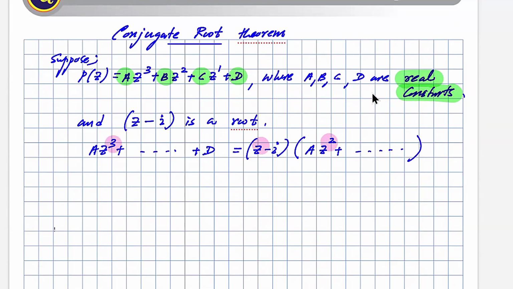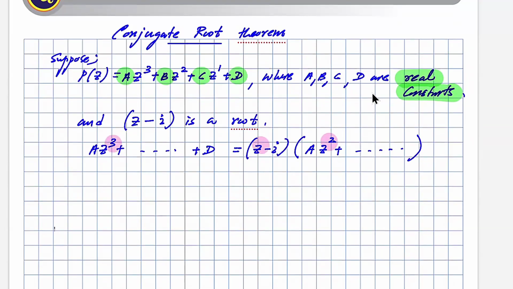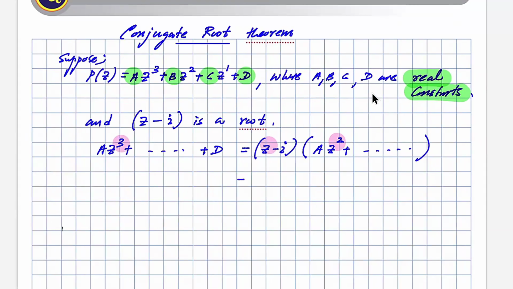This theorem tells you if A, B, C, D are real numbers, the conjugate of this one is another root. Meaning, if this happens, you can write z minus i, that's the given factor, then the conjugate of this one, z plus i.